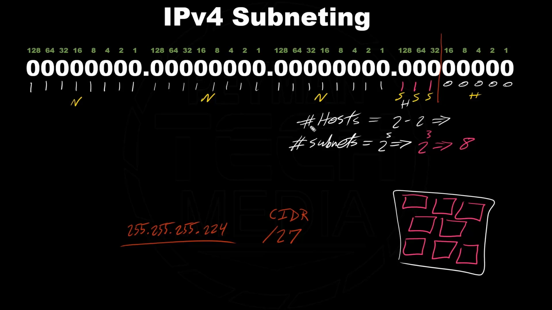Here we have 1, 2, 3, 4, 5. So 2 to the power of 5 minus 2, which is 2, 4, 8, 16, 32. 32 minus 2, that's 30. So in other words, we have 30 available IP addresses per subnet. Let's write 30 here.